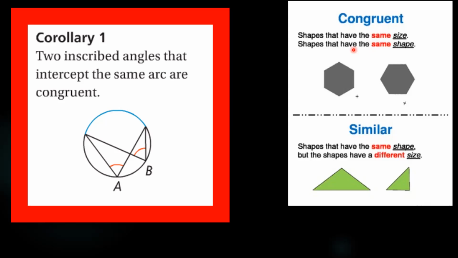Similar means they have the same shape. Both of them are triangles, but they are different sizes. Maybe the first one is 20 and the second one is 10. So congruent is same size and shape, but similar is same shape with different size.